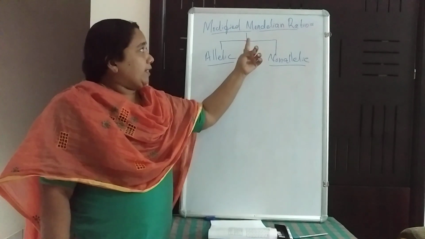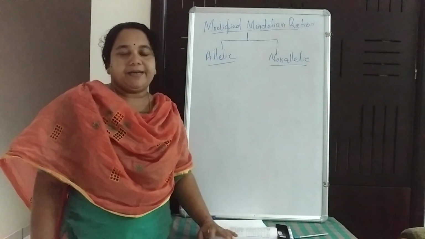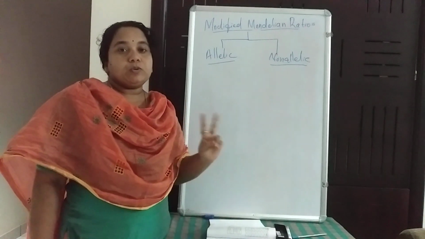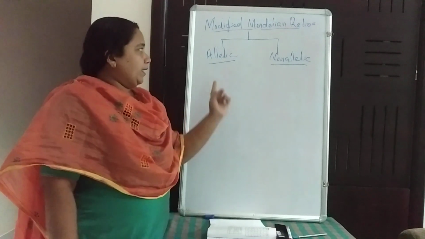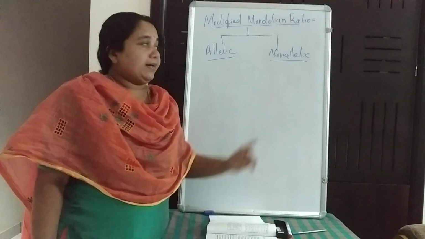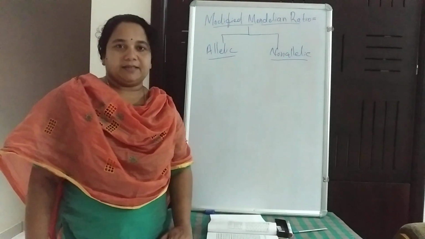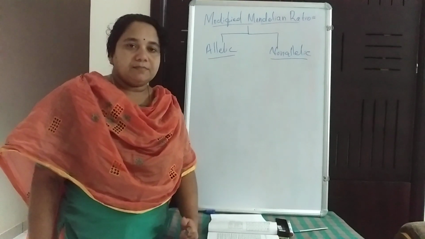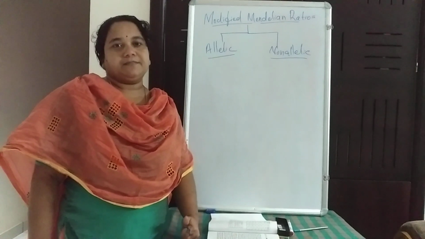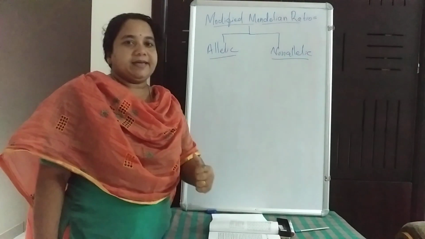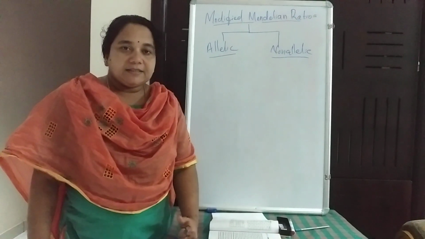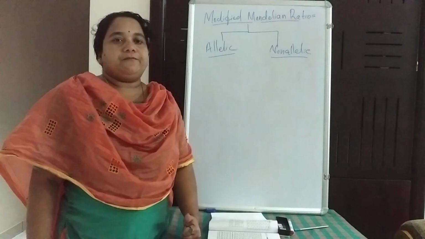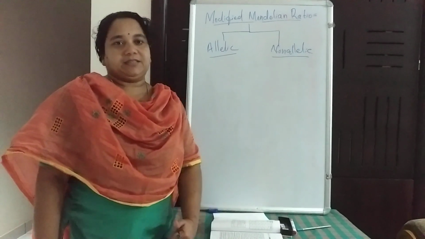So, in non-Mendelian ratio or modified Mendelian ratio, there will be two types of interaction. One is allelic interaction and another is non-allelic interaction. In allelic interaction, the alleles of the same gene interact. But in non-allelic interaction, the alleles of two different genes interact.